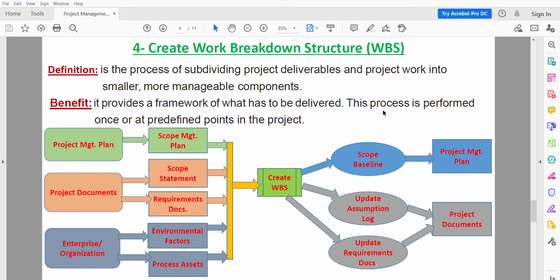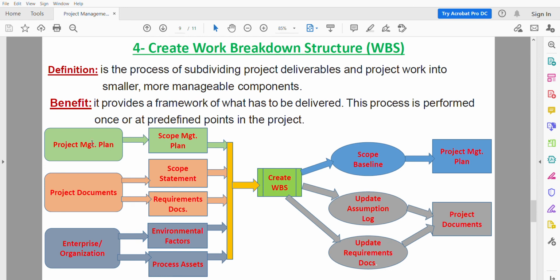In order to control these major activities, we subdivide them into smaller activities in order to be easily managed. The key benefit of this process is that it provides a framework of what has to be delivered. This process is performed once or at predefined points in the project.